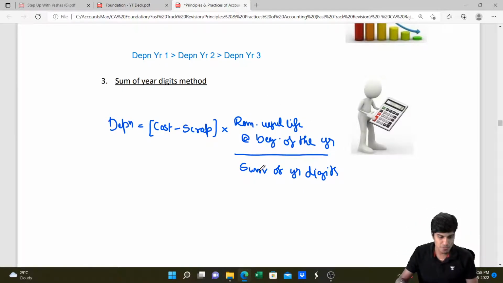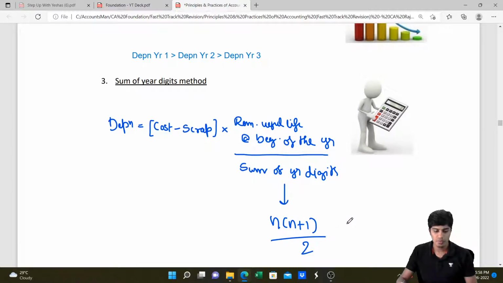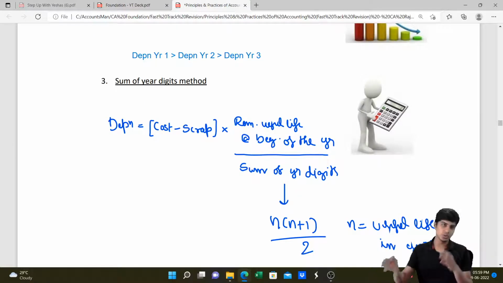And this concept of sum of year digits, how is this computed? This is computed by taking n into n plus 1, whole divided by 2, where n is nothing but the useful life in years. That becomes our denominator.